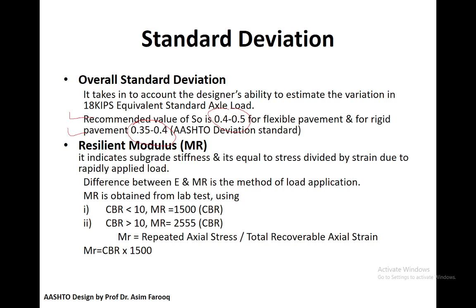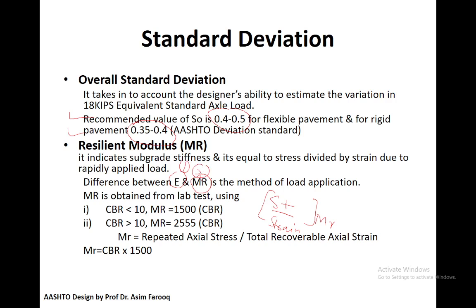The next one is resilient modulus, which indicates the subgrade stiffness, and which is equal to the stress divided by strain when we have the repetitive load. The difference between E, the elasticity or Young's modulus, and MR, the modulus of resilience, is the method of load application, where MR is derived from the lab test.